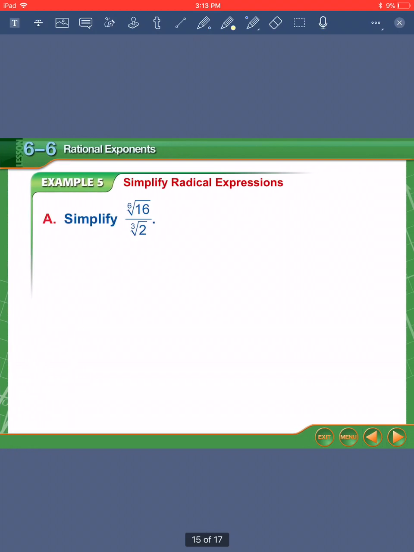All right, I've got the 6th root of 16 over the cube root of 2. And I want to simplify this. This one gets a little tricky. So first off, I can rewrite the 6th root of 16 to be 16 to the 1/6 power.